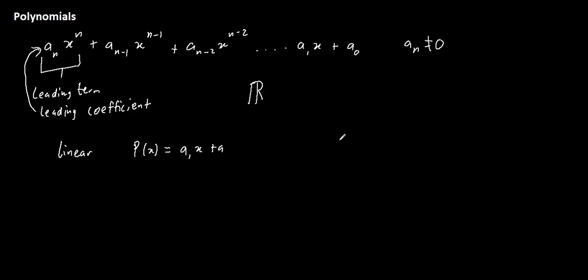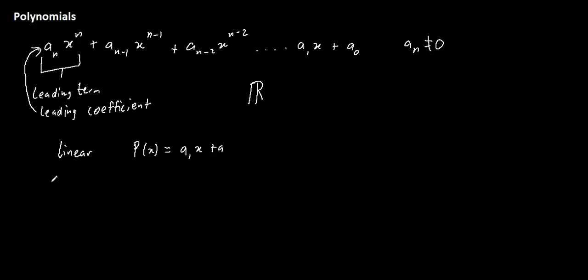It basically mirrors y equals mx plus b. b is just a constant, a_0 is just a constant, a_1 is just some number multiplied by x, and m is some number multiplied by x. So the form is very similar, and this is why we call it a linear polynomial: when graphed it makes y equals mx plus b, because they're one and the same. They're just numbers multiplied by x and added, and when plotted it will make a line.